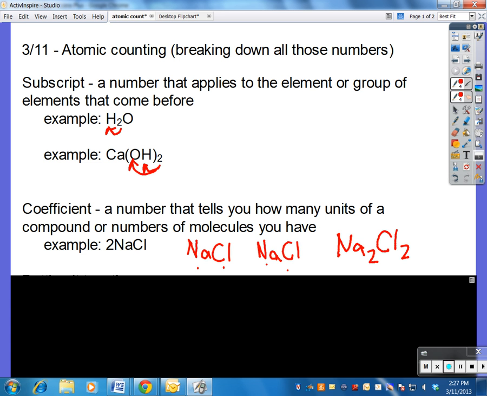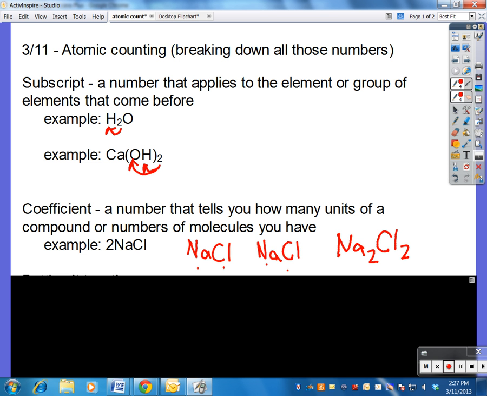It's the difference between having a sandwich that, say, has 2 pieces of bread and 2 pieces of cheese, and you have 2 sandwiches, each with 2 pieces of bread and 2 pieces of cheese. That's different from having one sandwich with 4 pieces of bread and 4 pieces of cheese, for example. That would be a very awkward sandwich.